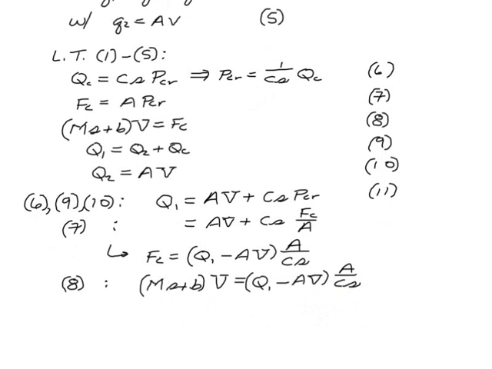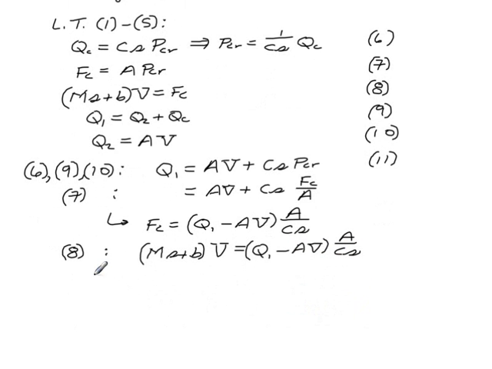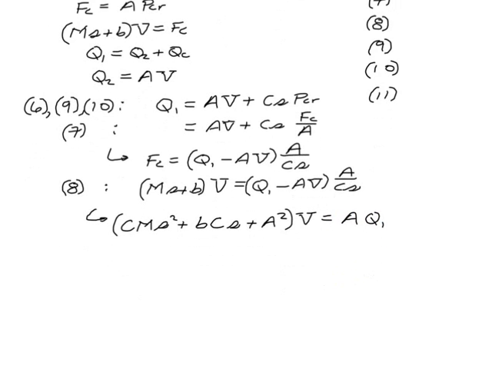I'm just going to reorganize things, rewrite this as C m S squared plus the damping coefficient, the viscous term B, accumulator constant C times S, plus A squared times the output variable V. On the right side, our input, is A times Q1. So that's pretty much it.